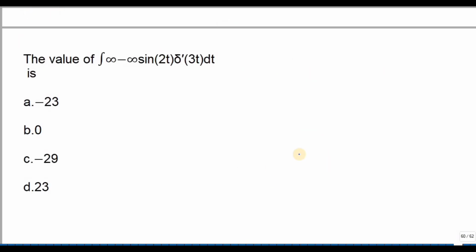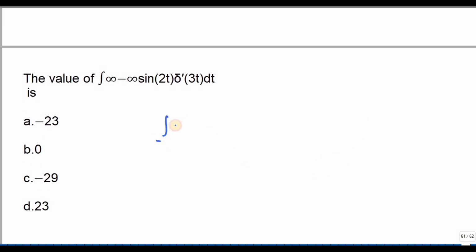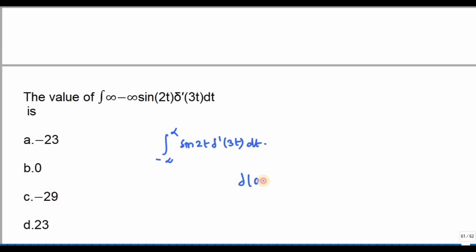The next problem is the value of the integral from minus infinity to infinity of sine 2t delta dash of 3t dt. We know that delta of a t is equal to 1 divided by modulus of a times delta t.